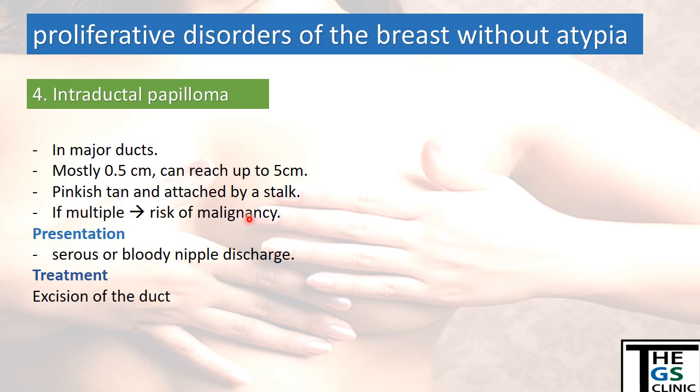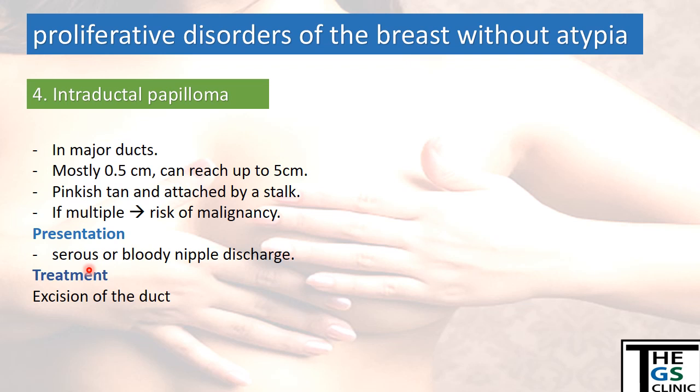This is considered to be a benign condition, but if we find more than one intraductal papilloma, this gives us a hint that there might be an underlying malignant condition. So, a single intraductal papilloma is a benign condition and does not need any further treatment. But if we find multiple intraductal papillomas, this raises the suspicion for malignancy.